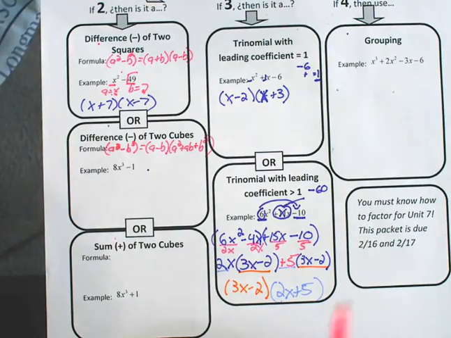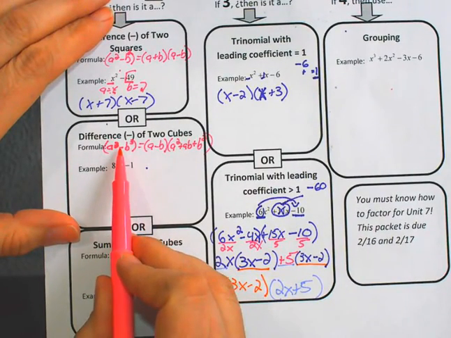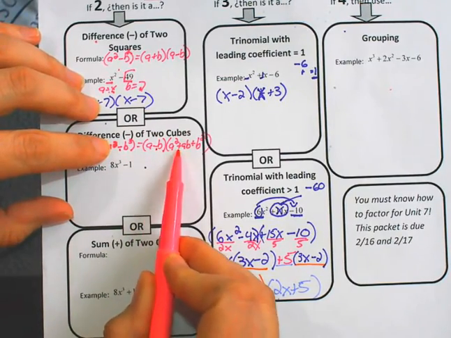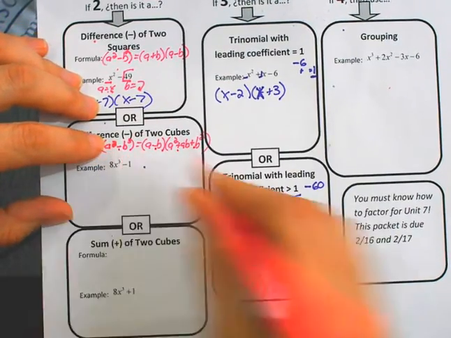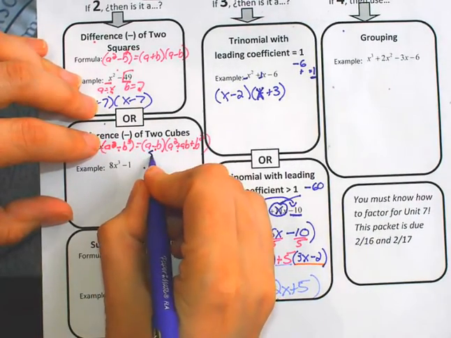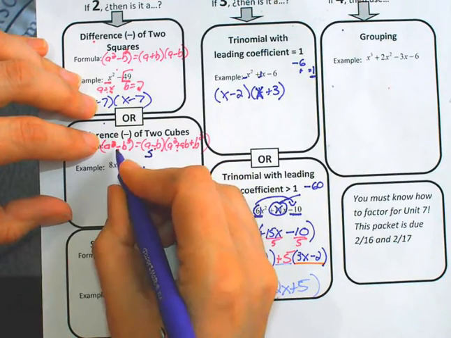Alright, so let's talk about how to remember that. If I have a cubed and b cubed, first of all you want to look at the sign. So I have a negative sign here, negative, positive, positive. The rule to remember is SOAP. This is going to be the same sign, so this is minus.